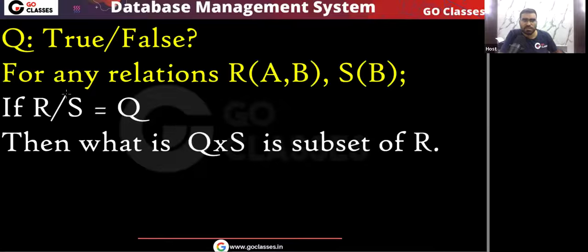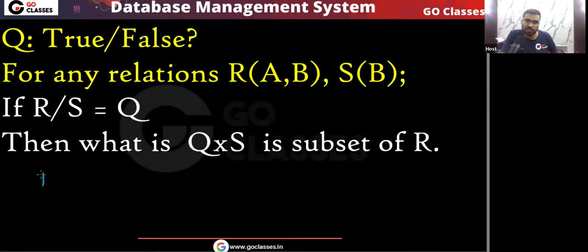For any relation, these are the relations. Please understand: R is AB, S is B. If R divided by S is Q, then can you say that Q cross S is a subset of R? Can I say this? Please tell me.